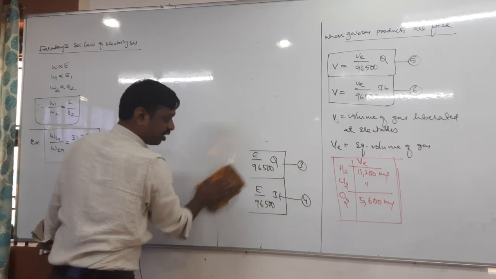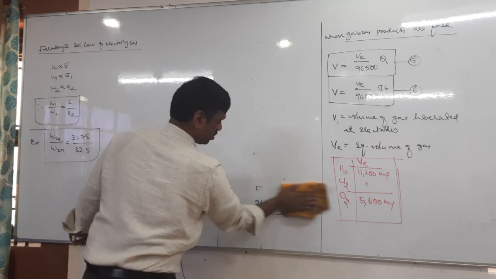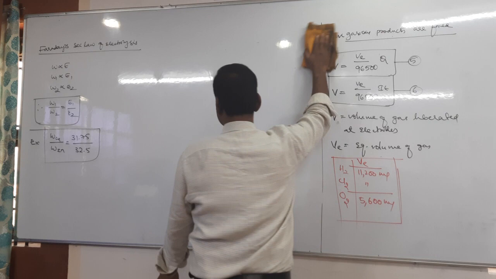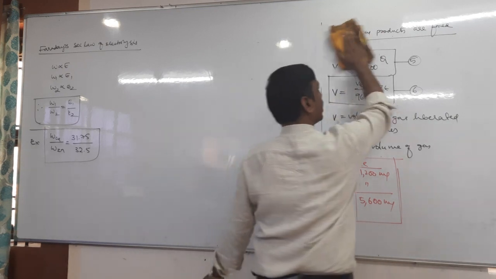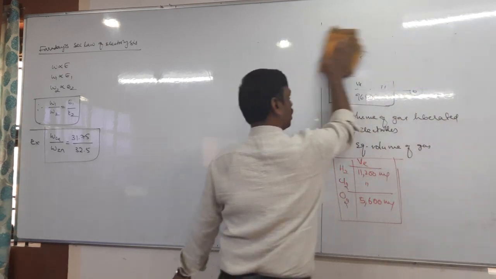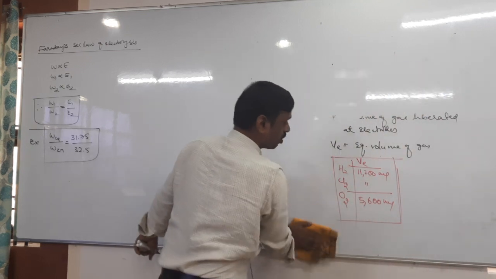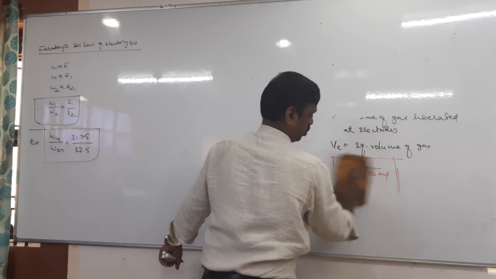Directly proportional to their equivalent mass. That is W directly proportional to E, W1 directly proportional to E1, W2 to E2, W1 by W2 equals E1 by E2.